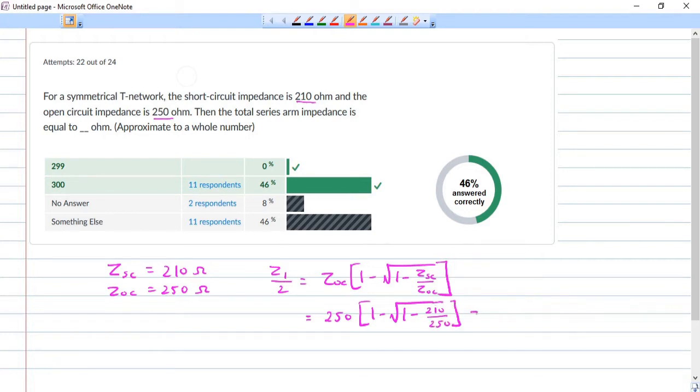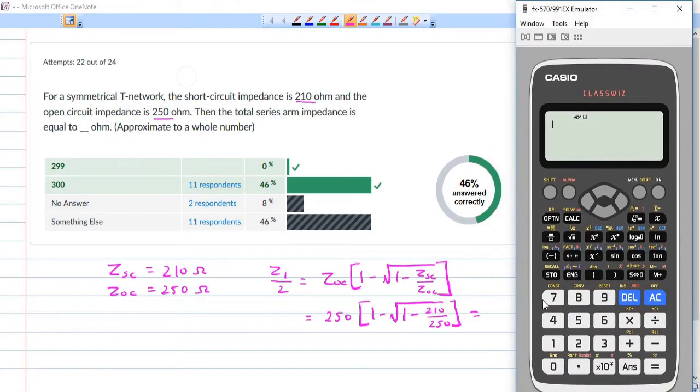So that should be equal to 250 into 1 minus square root of 1 minus 210 upon 250. So that value is equal to 150.